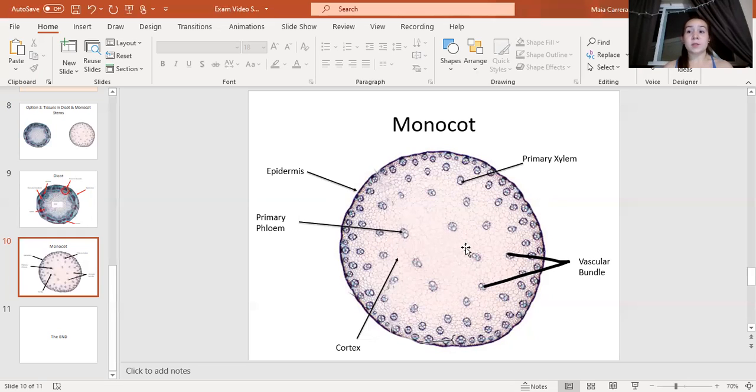In the monocot, there is no pith, and this is because it does not need to hold any of the nutrients, as the vascular bundles being spread throughout the cell allow for the nutrients to get to where they need to be.